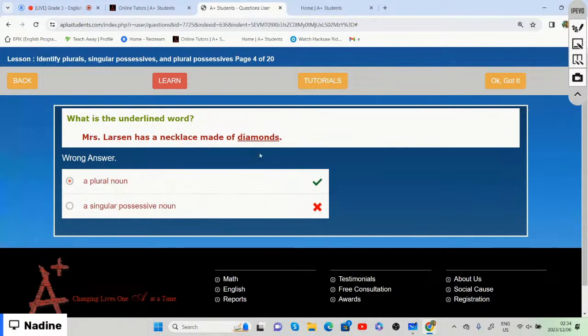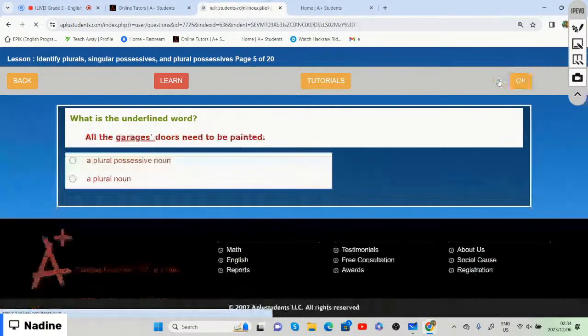Because remember, there's no apostrophe there. If we only add an S to a specific word, then it is only the plural. So it is a plural noun, it's not singular possessive.